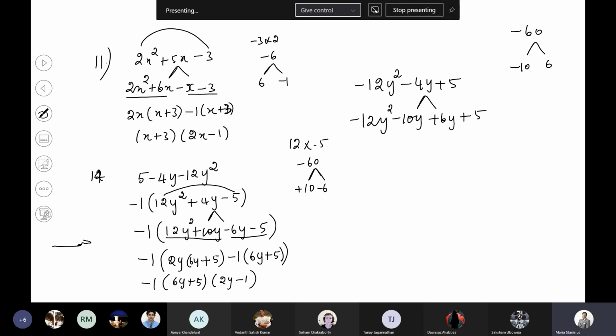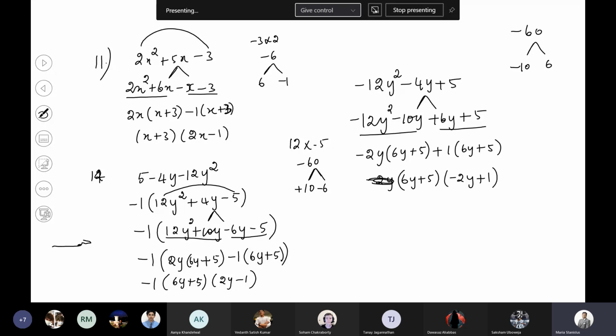If I take the common factor here, it would be minus 2y, so it becomes 6y plus 5. Similarly, if I take 1 as a common factor, 6y plus 5. Therefore, 6y plus 5 is a common factor, and then minus 2y plus 1.